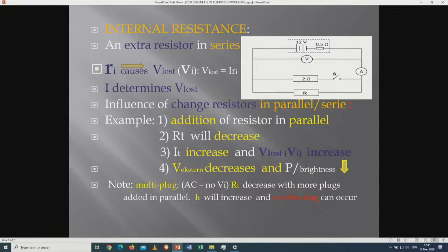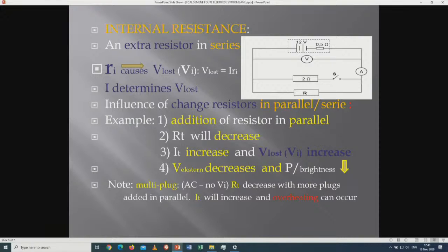So if you add a kettle or a toaster or something to such a multiplug, when you add a resistor to that circuit of the multiplug, the total resistance decreases, and the current drawn through that multiplug increases.